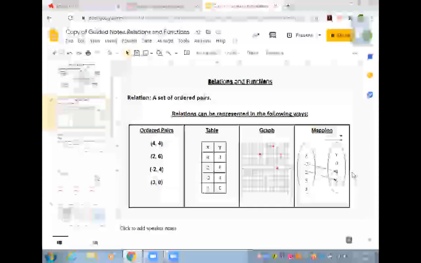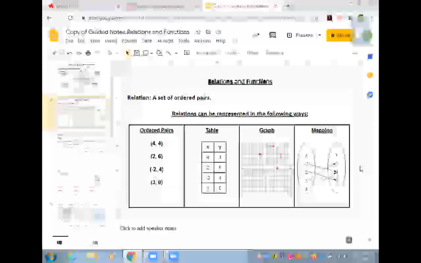Okay, and then we've got 3. What does 3 go to? 0. So we'll put our arrow here next to 3, and then drag it up and point it at 0. What did 4 go to? 4. So my last arrow we'll put here next to 4 and point it also at 4 in the Y column.